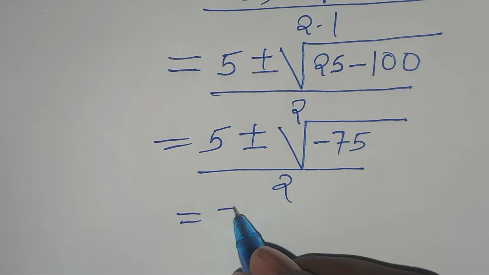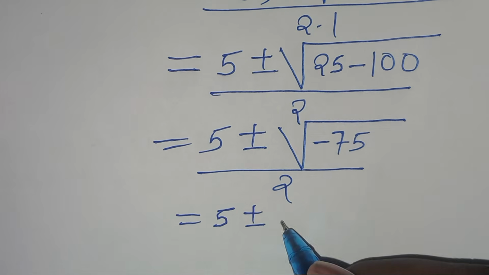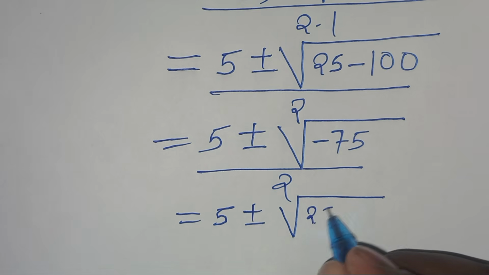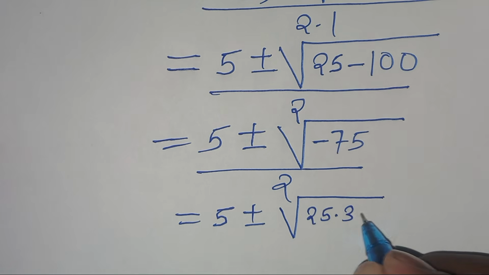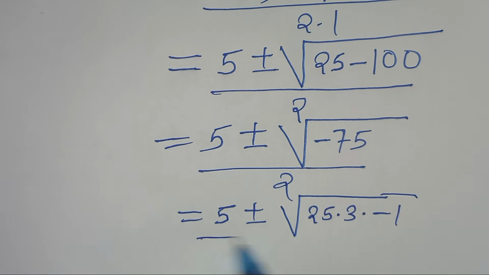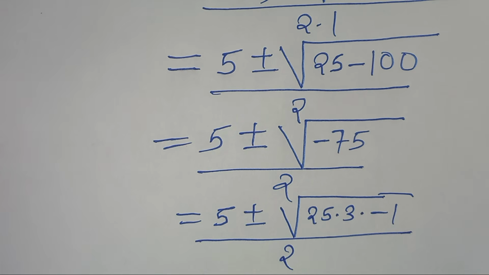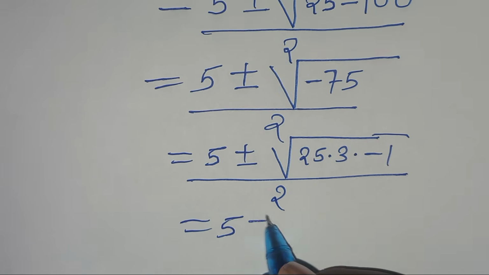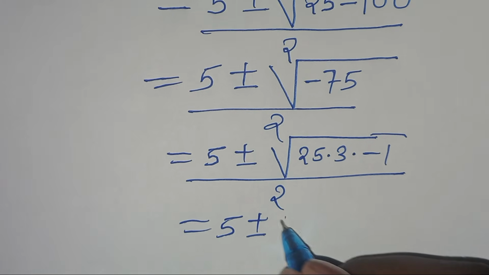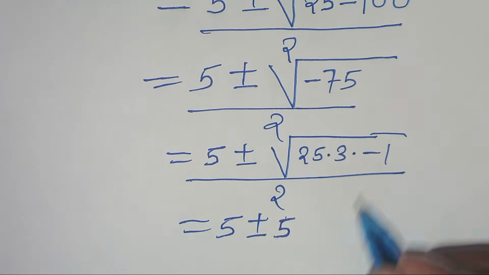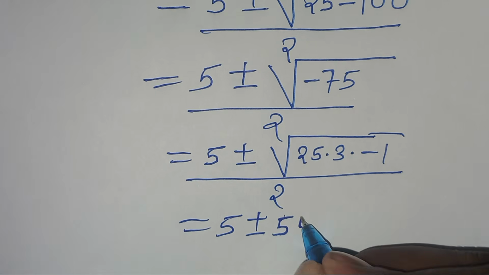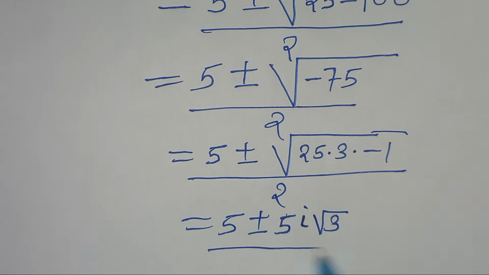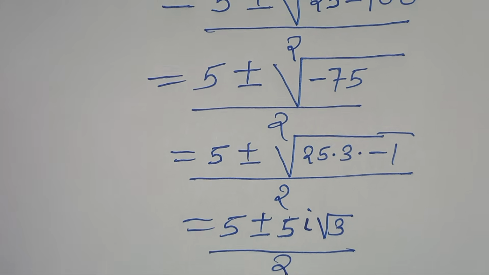So here we have 5 plus or minus. We can express the square root of minus 75 as 25 times 3 times minus 1, everything divided by 2. So we have 5 plus or minus the square root of 25, which is 5, the square root of minus 1, which is i, then the square root of 3, everything divided by 2.